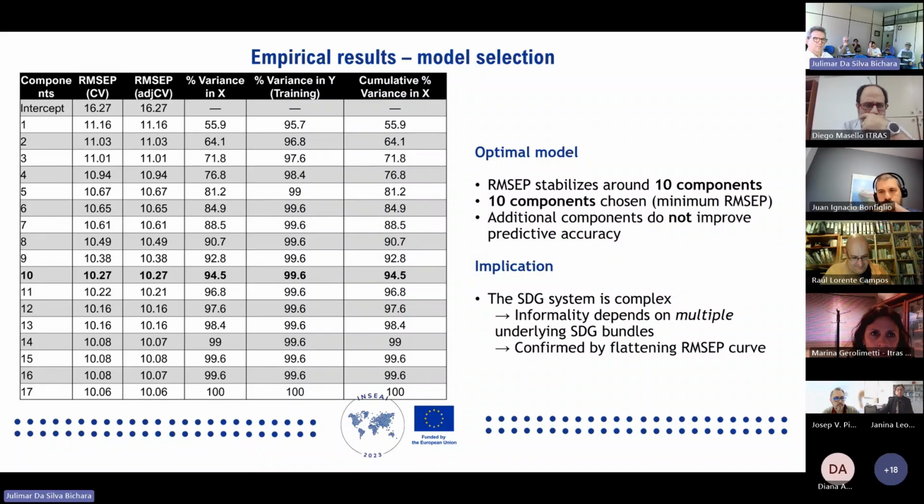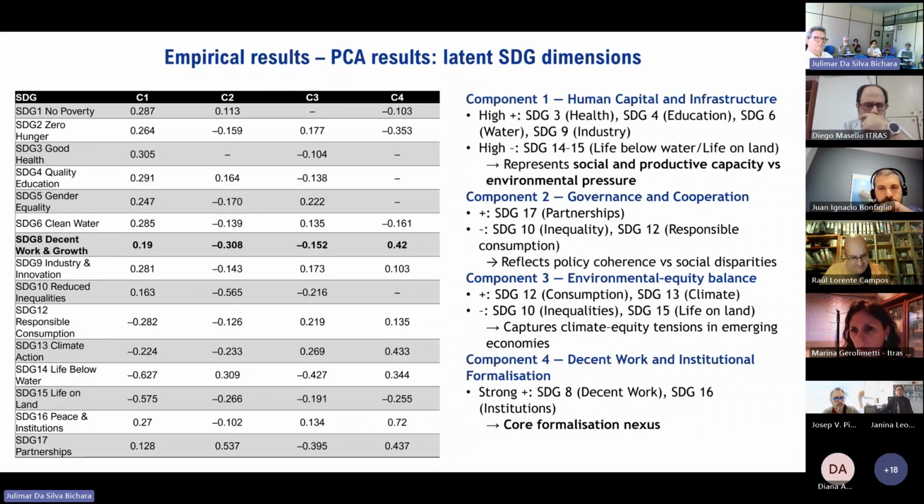And we can now move on to the empirical results of the PCA, the latent SDG dimensions. So here I extracted only the first four components. The first one is related to the human capital infrastructure.